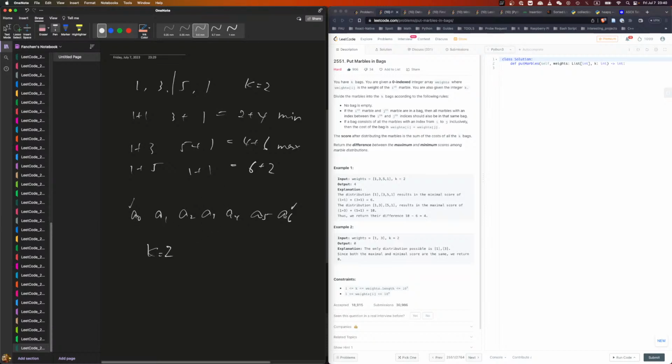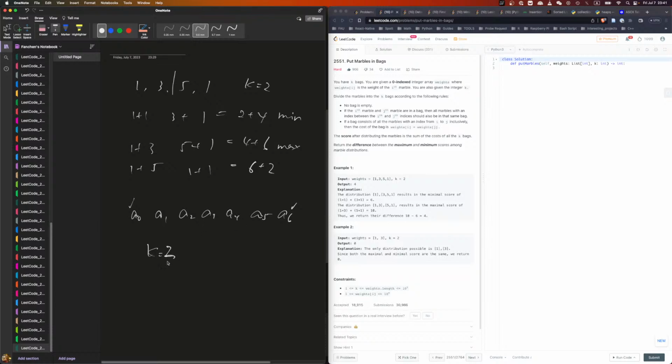And because the end values are certain, they don't change. So what we're actually looking for is the maximum pair. Can we do something about that? If k equal to 2, you want to find the maximum pair, then you get it.